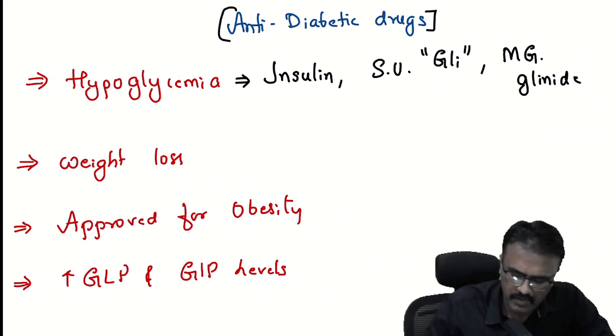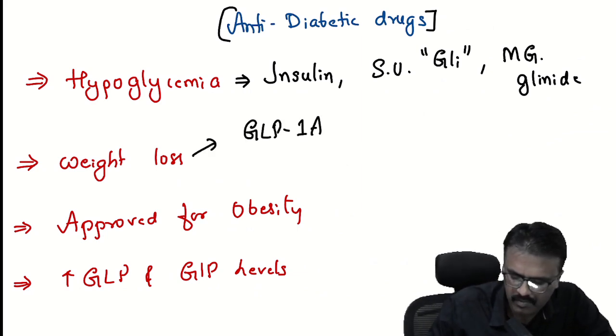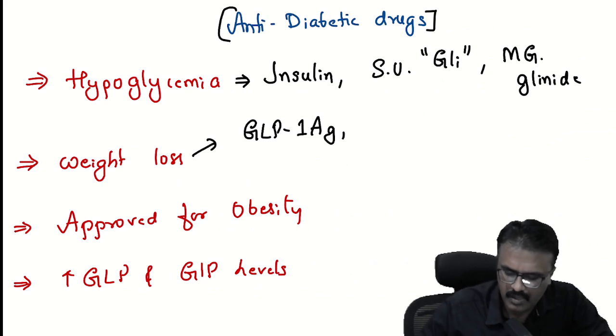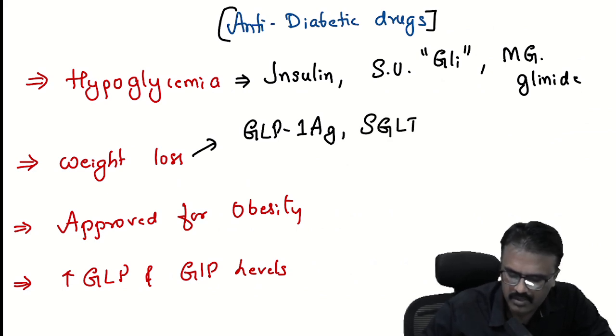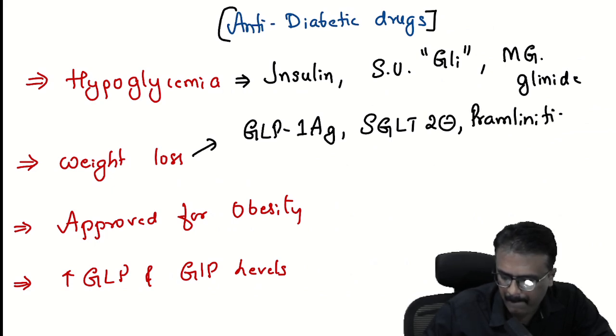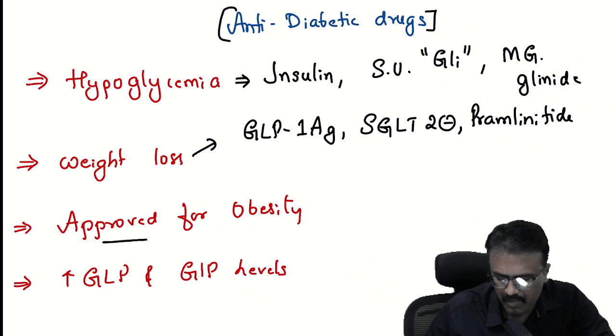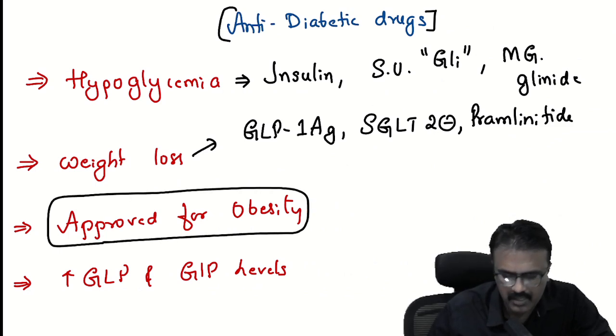What drugs will cause weight loss? The GLP-1 agonists, then SGLT2 inhibitors, and pramlintide. Now tell me which antidiabetic drugs are approved for obesity also.